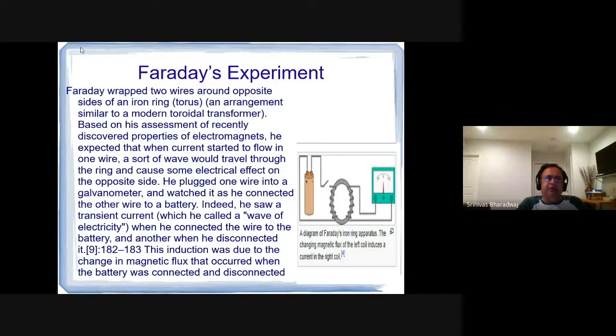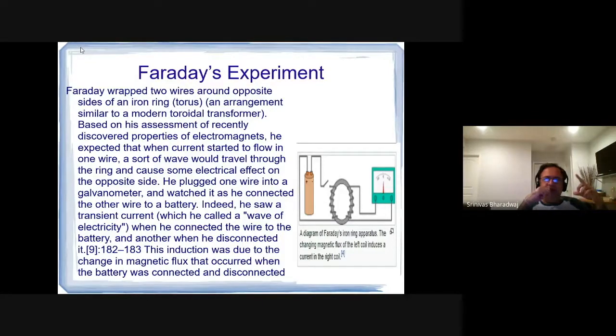Now, what Faraday did was he wrapped two wires around opposite sides of an iron ring. One wire was connected to a battery, and the other side, on the iron ring, called a toroid or a torus, he connected to a galvanometer.